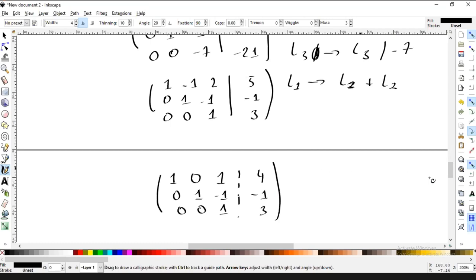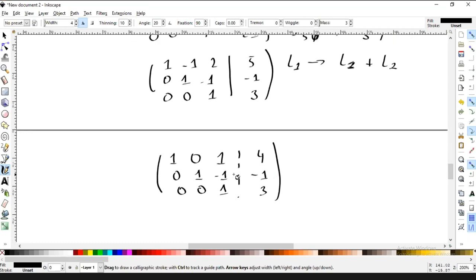Now what I want is to get zeros here and 0 here, right? So now for the third line, I will subtract this and this from this line.